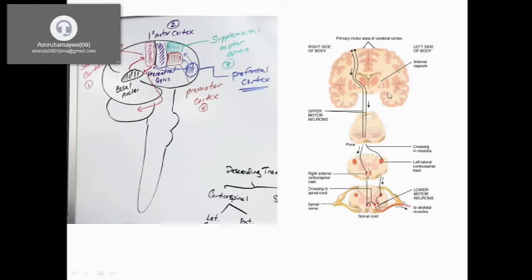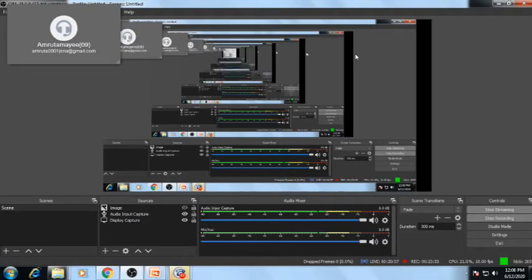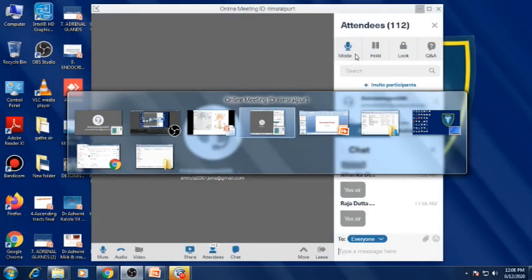You can see on the right side cortical areas ultimately affecting the motor cortex, and the fibers carry the action potential which is generated. So you have got this basic information of the descending tracts, or specifically the corticospinal tract.